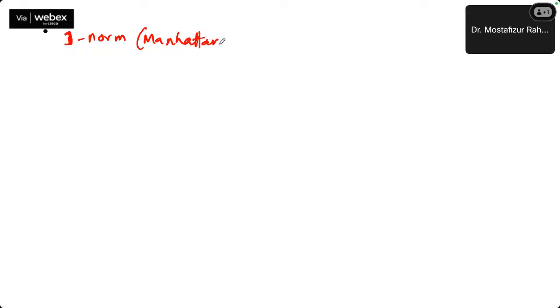This is very common in machine learning literature and many transportation systems specifically. So I'll talk about this. Basically, this norm is denoted as the one norm of v, which is simply the sum of all the individual components |vi|.